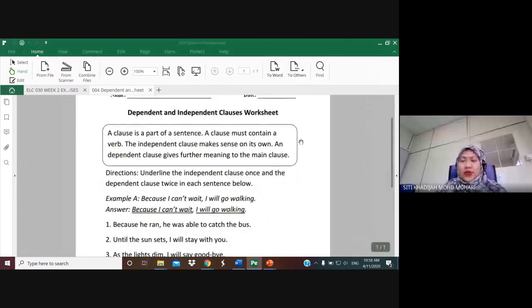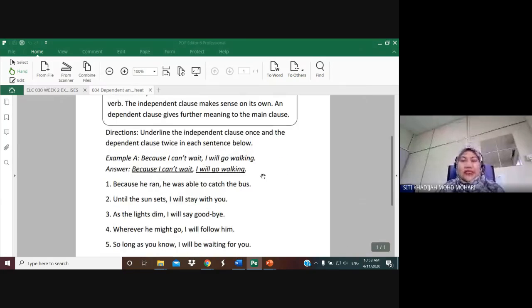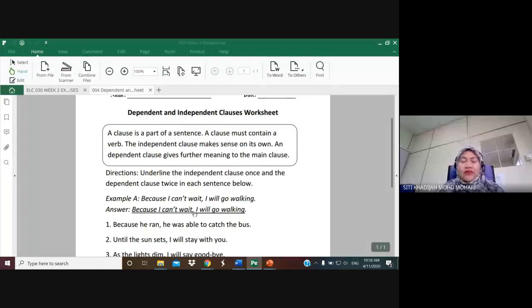This is for your last time for the conjunction. For the conjunction, you have to underline and indicate which one is the independent clause and which one is the dependent clause. Independent clause means that it could make sense on its own. It could stand alone.